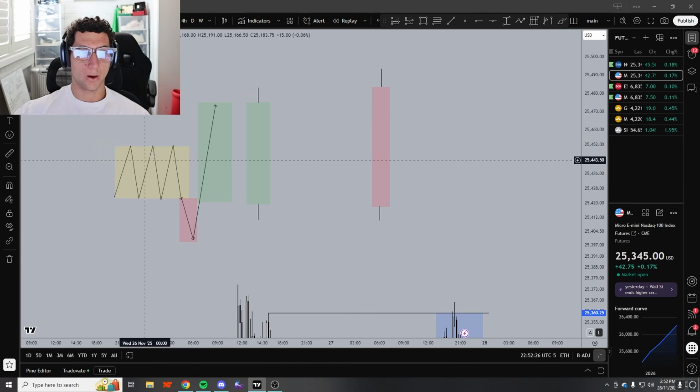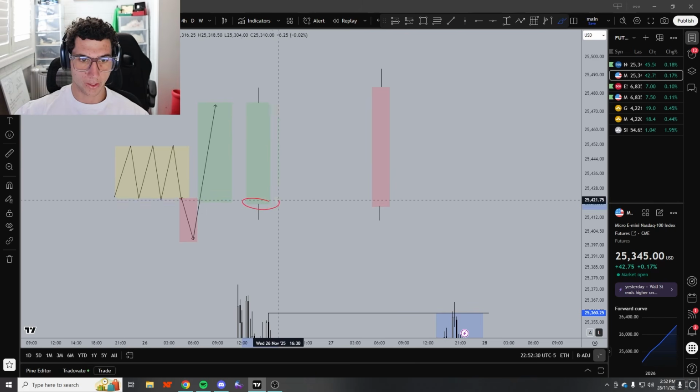We will get our accumulation where the candle opens, it opens here, and then we manipulate lower to put in the bottom wick of that candle, and then we will distribute higher to put in the top wick, and then we will come down and start accumulating again.